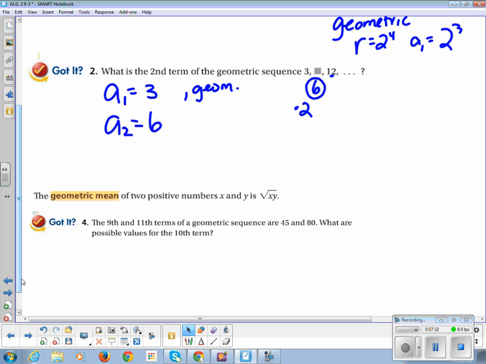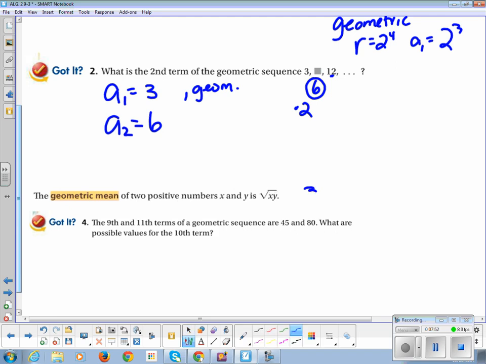Okay, so the geometric mean of 2 positive numbers x and y is x times y, and then take the square root. So let's see how this applies here.